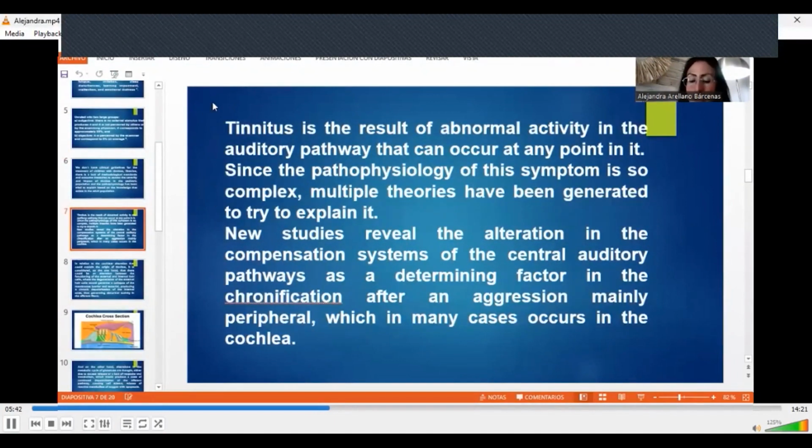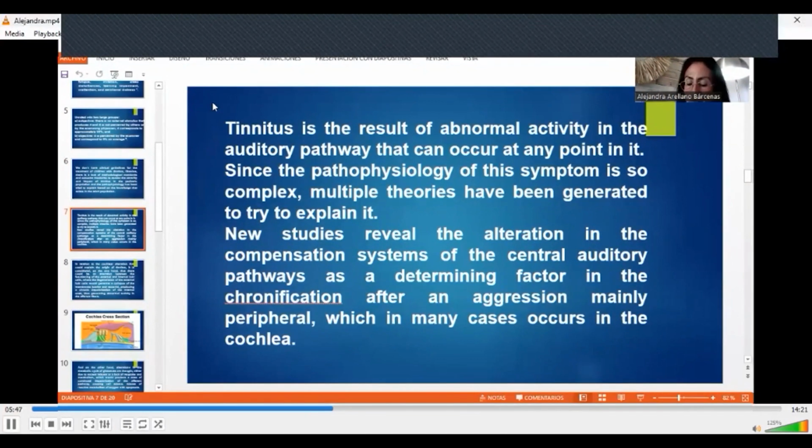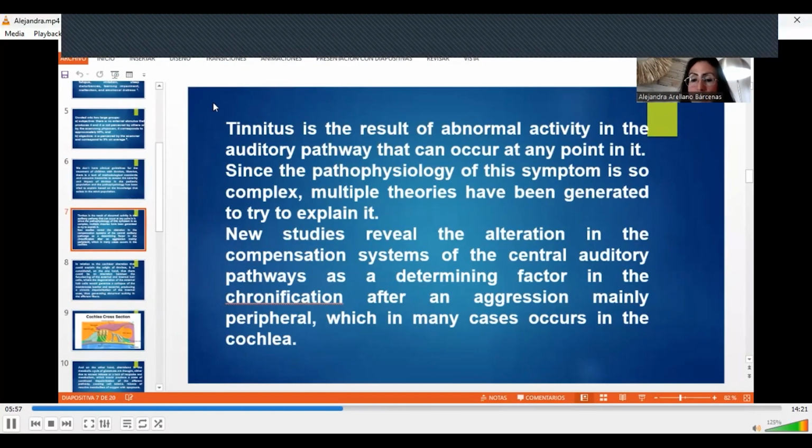We know that tinnitus is a result of an abnormal activity in the auditory pathway that can occur at any point on it. And since the pathophysiology of this symptom is very complex, we have multiple theories that have been generated to try to explain the symptom.